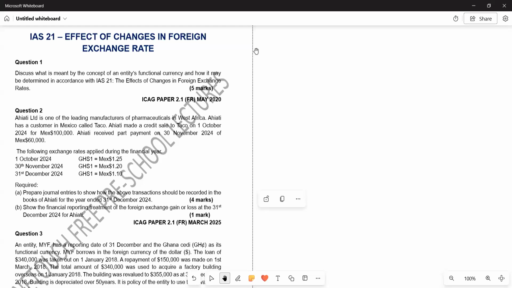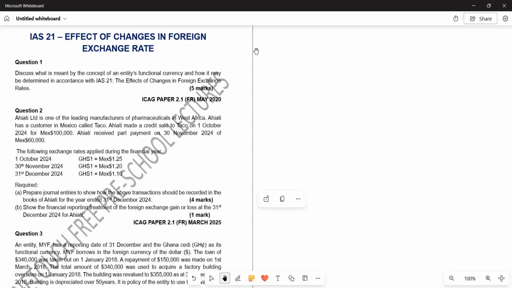Ahiati received part payment on 30th November 2024 of 60,000 Mexican dollars. The following exchange rates applied during the financial year: 1st October 2024, 1 cedi is to 1.25 Mexican dollars. 30th November 2024, 1 Ghana cedi is equal to 1.20 Mexican dollars. And on the 30th of December 2024, 1 Ghana cedi is equal to 1.1 Mexican dollars.